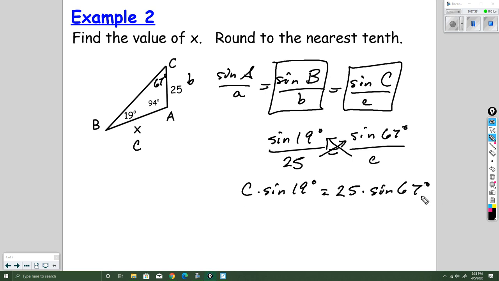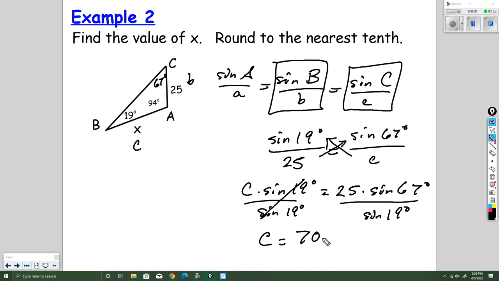Divide by sine of 19 on both sides. So C equals 25 times sine of 67 degrees, all over sine of 19 degrees. Once again, if we round that to the nearest tenth, we get 70.7.